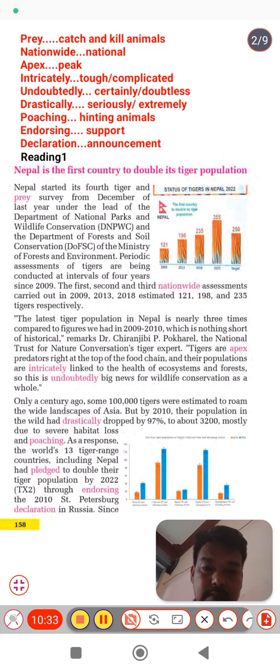So as a response, the 13 tiger range countries, along with Nepal, have guaranteed and pledged. The meaning of pledged here, I haven't written the word here.